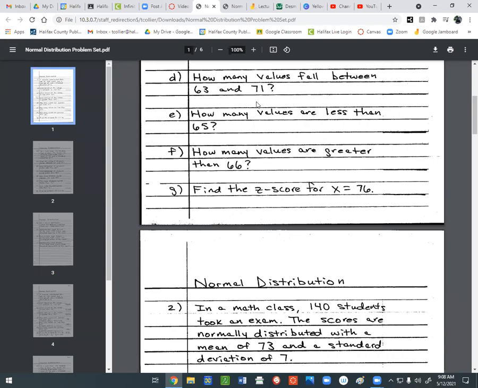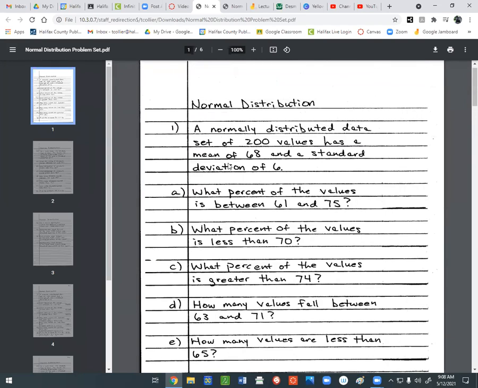Does anybody know? 200, right? So I'm going to take that decimal that I got, and I'm going to multiply it by 200 to see what I get. So I'm going to put this inside parentheses, and I'm going to multiply it by 200. And then hopefully I can get a whole number out of that.